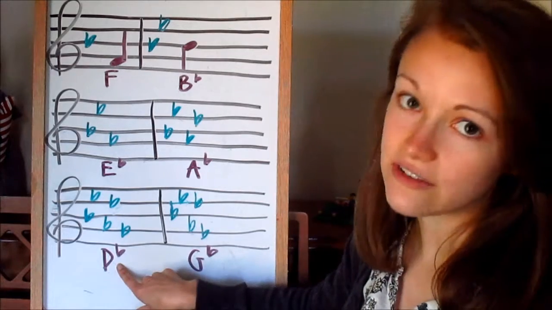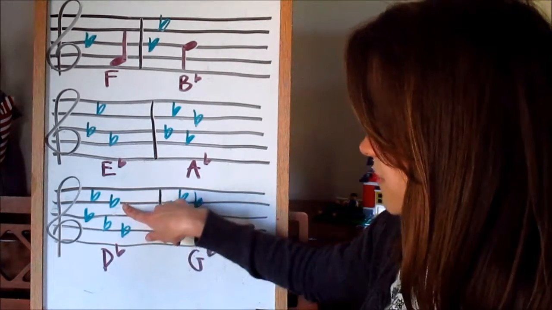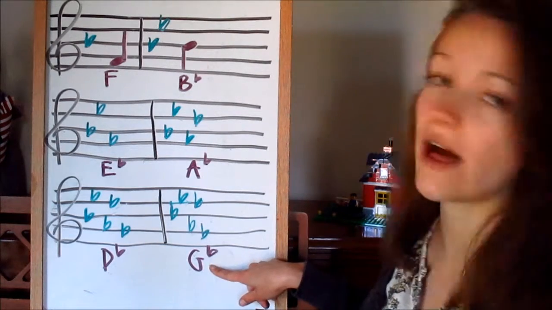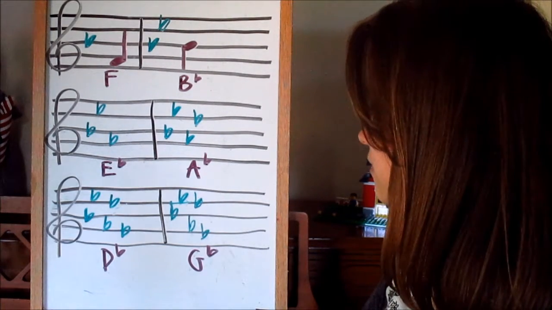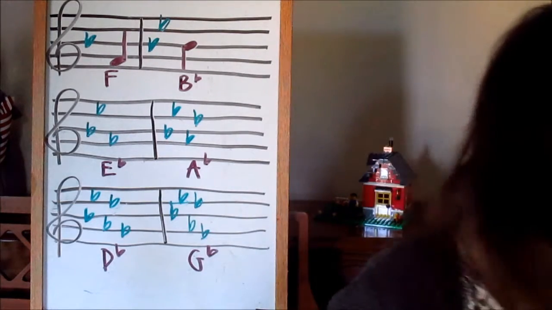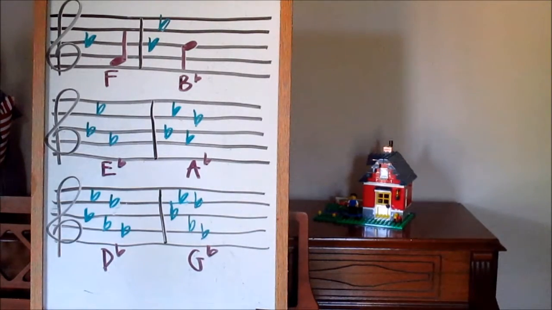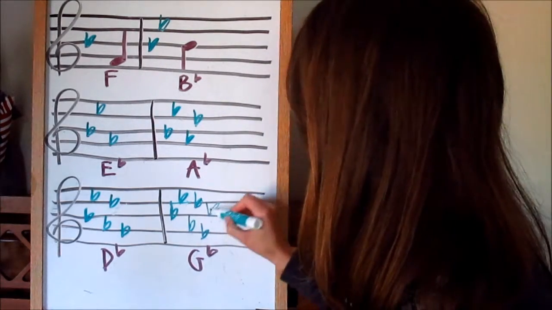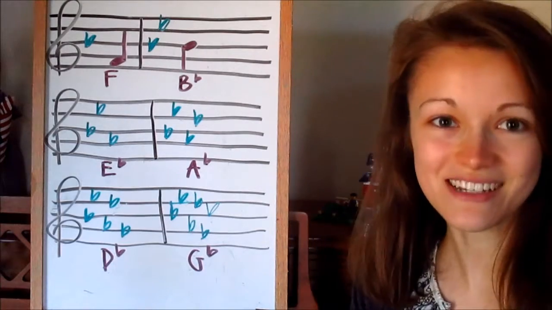Five flats, you're in D flat major, because D is flat. And then six flats, you're in G flat major.